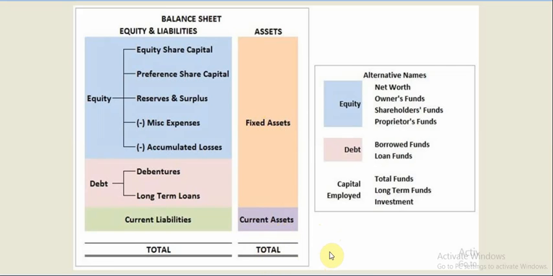Now friends, one more thing that I have to tell you all is capital employed. We will have to understand what capital employed is. I'll tell you this with an example. For example, if I want to start a shop as a sole proprietor, then I will have to bring in some capital, right? It will be the fund that I put into the shop for starting it.